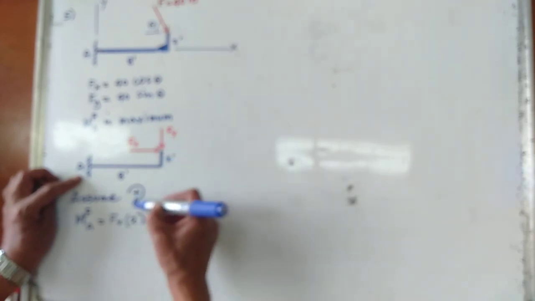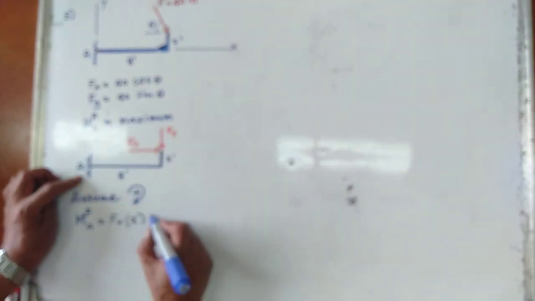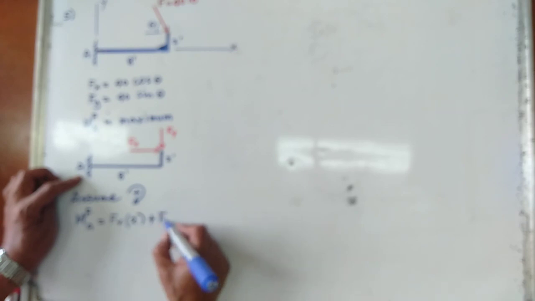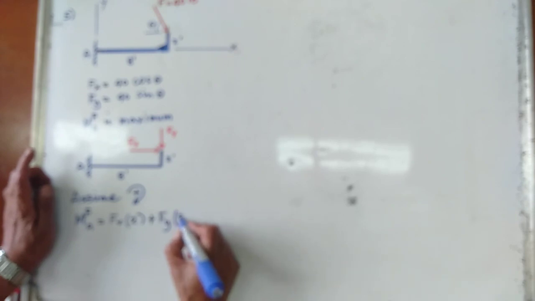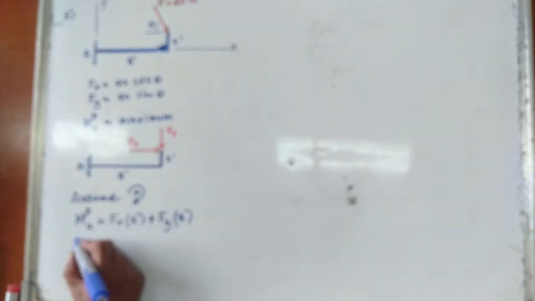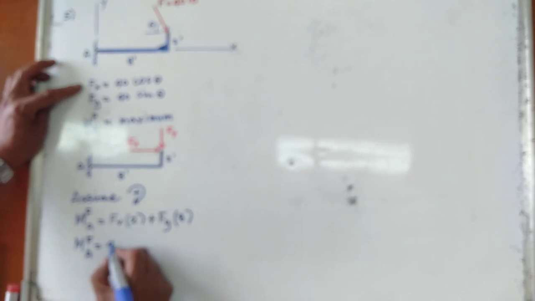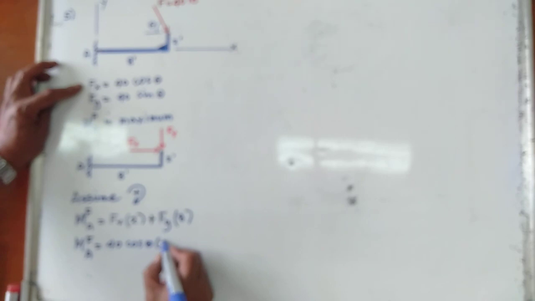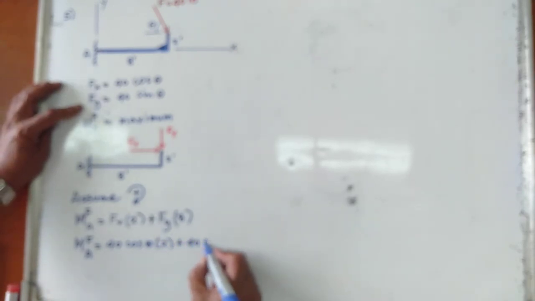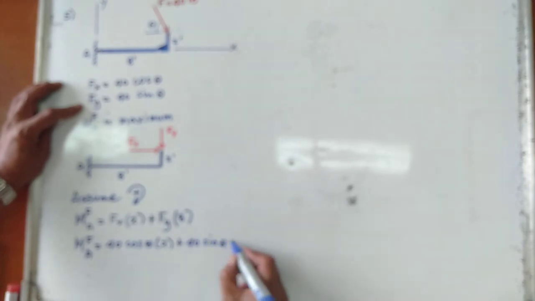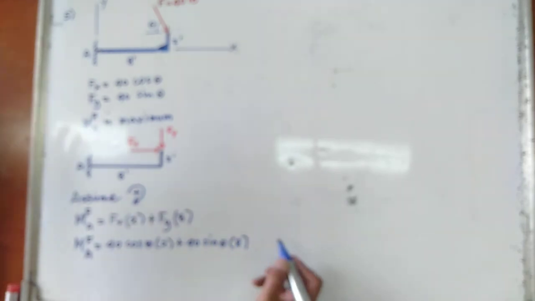Fy is going clockwise about point A, so that is still positive, Fy multiplied by 8 feet. So the moment of the force F about point A is equal to Fx, that is 40 cosine theta, multiplied by 2, plus 40 sine of theta, multiplied by 8.